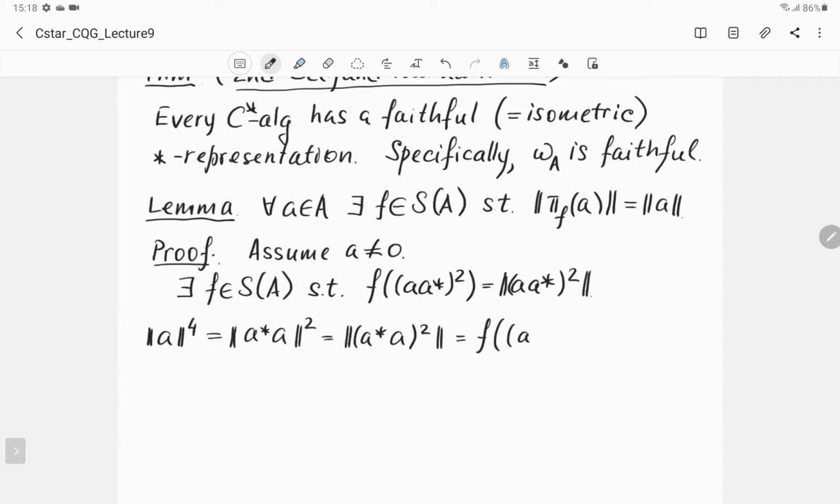That's true, but for my purposes, it is more convenient to interchange A and A star here. So I put the star here and here. So by assumption, this is f applied to A star squared.